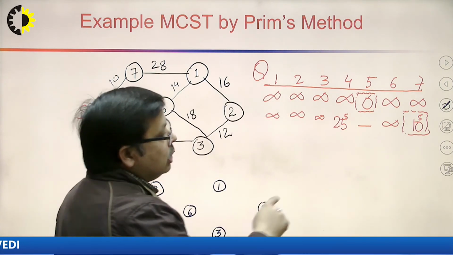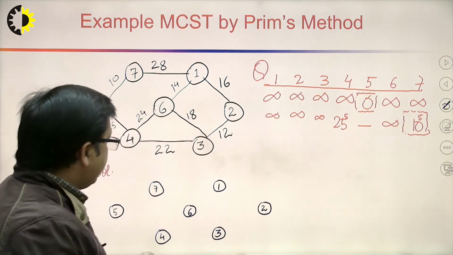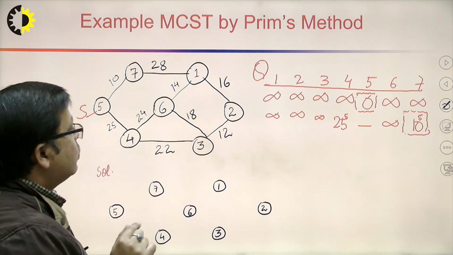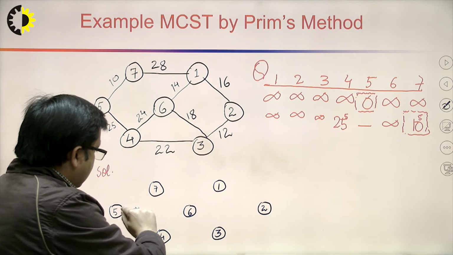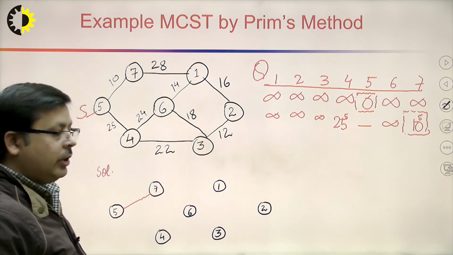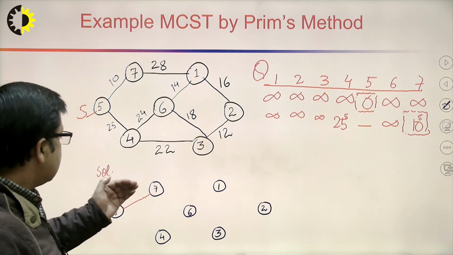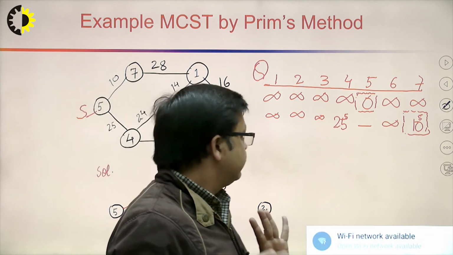You can see clearly that the parent of node 7 is 5. So, we connect node 7 and 5 like this. This edge will be part of our minimum cost spanning tree.